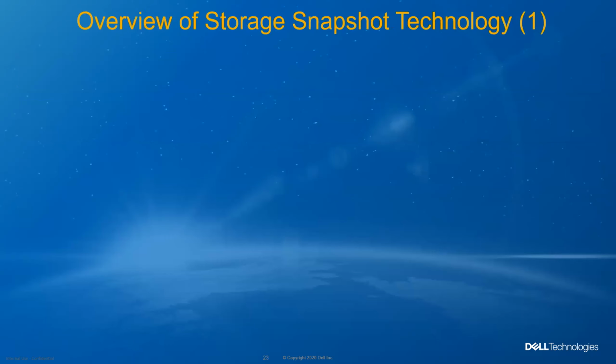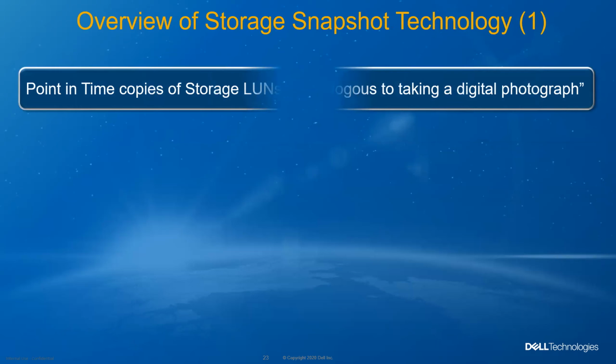So let's look at how you implement storage snapshots for database backups. Let's have just a review of what storage snapshot technology is. You can think of storage snapshots as point-in-time copies of storage LUNs.